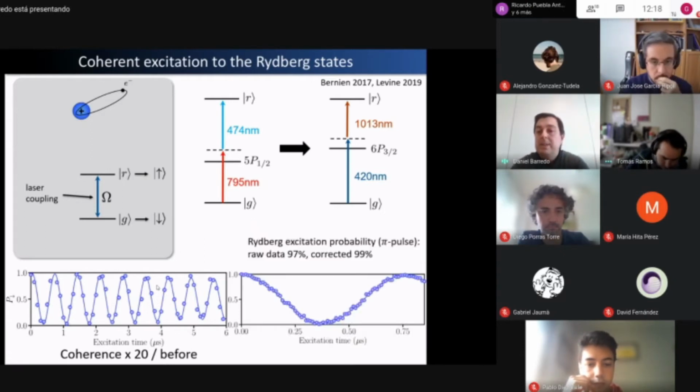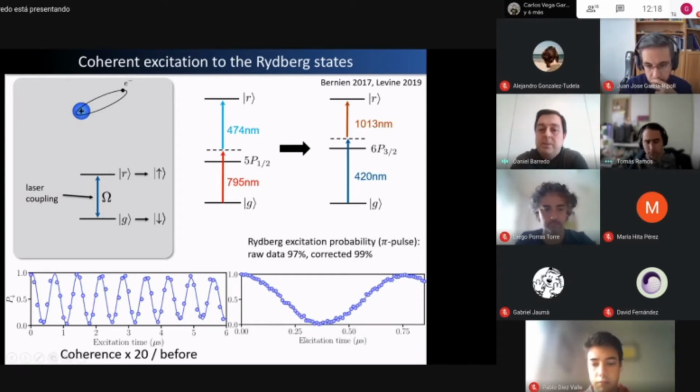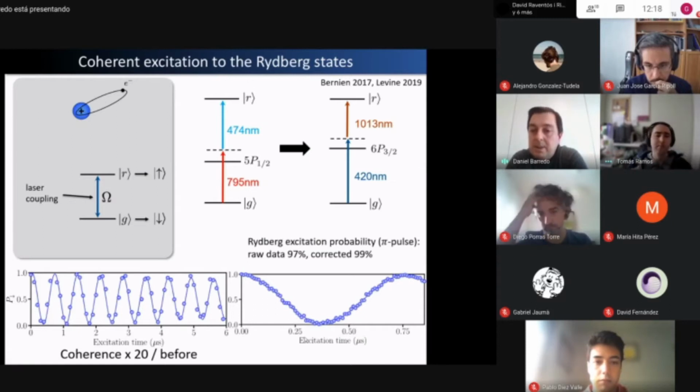And then for the numbers, the Rydberg excitation probability for a pi pulse, if you take the raw data, is around 97%. If you correct for small detection errors, this goes to 99%.